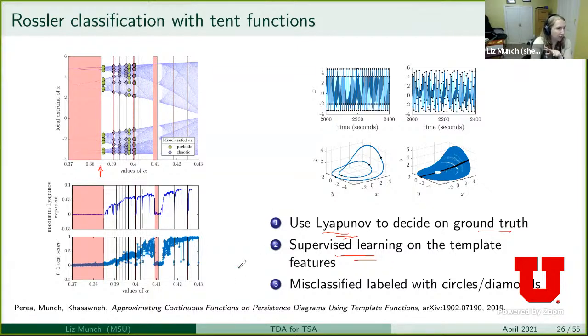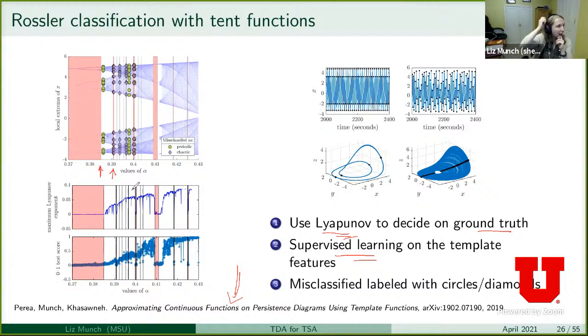I'm not going to go into that in this talk, but we used template functions, a system we were building and testing for representing persistence diagrams. Then we labeled our misclassified points across the entire bifurcation diagram.